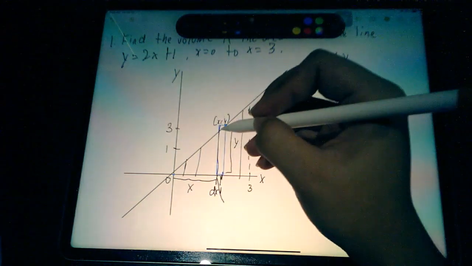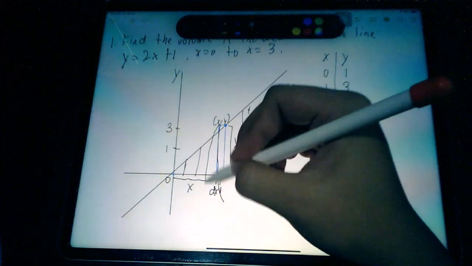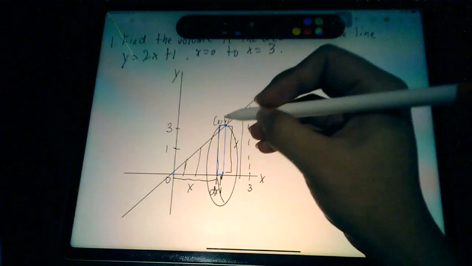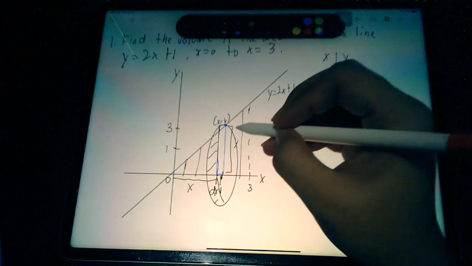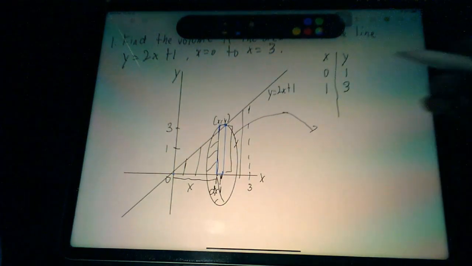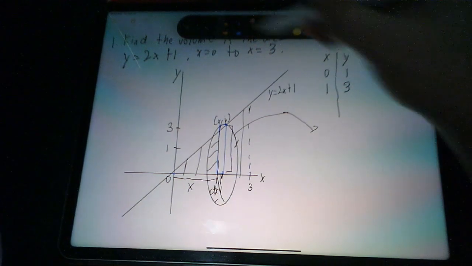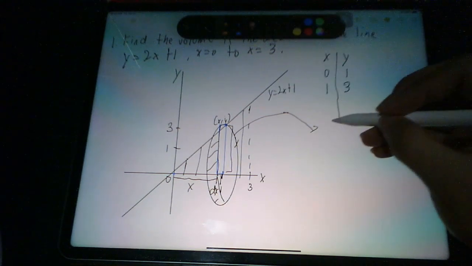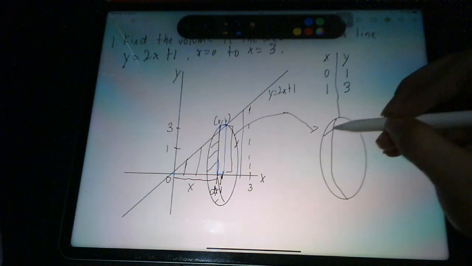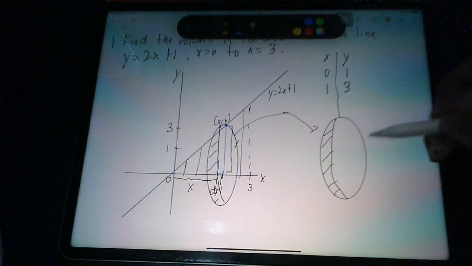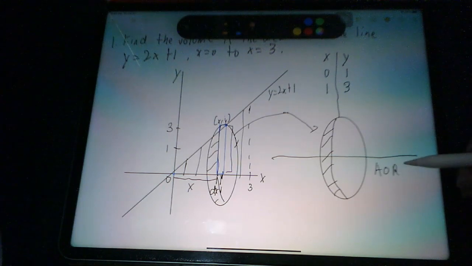Now we need to make a circle again, and this is our cylindrical disc. Now let's take this cylindrical disc outside. So let's say this is our cylindrical disc, and this is our area of rotation, or AOR.